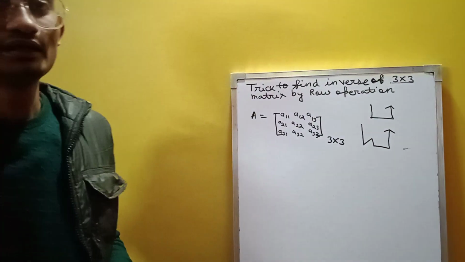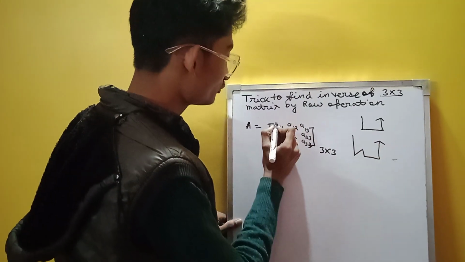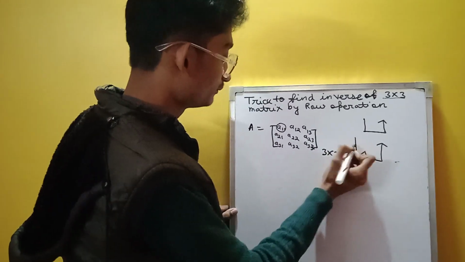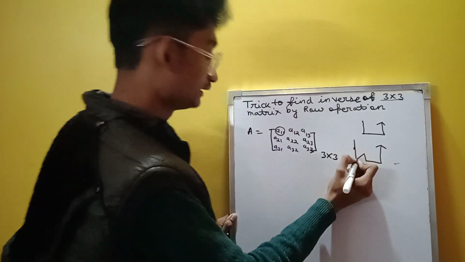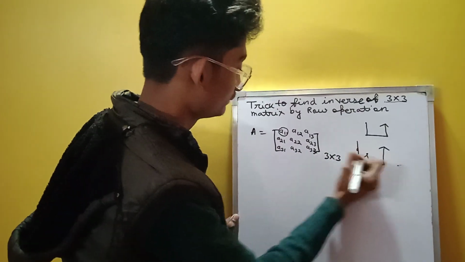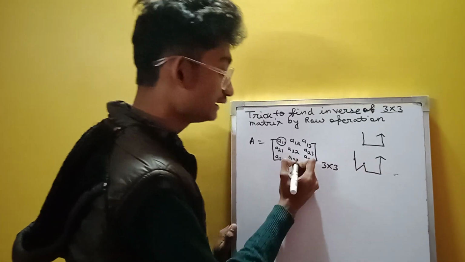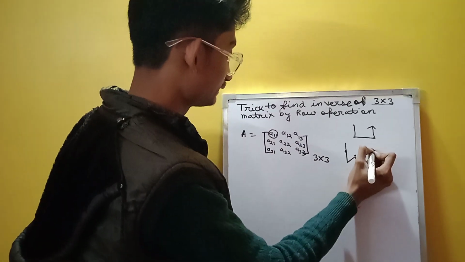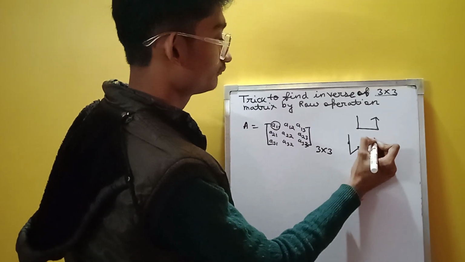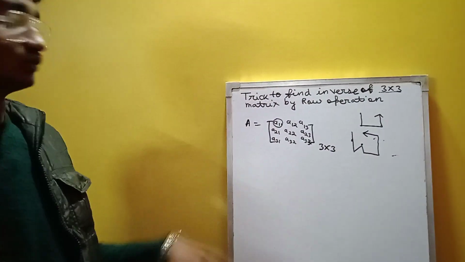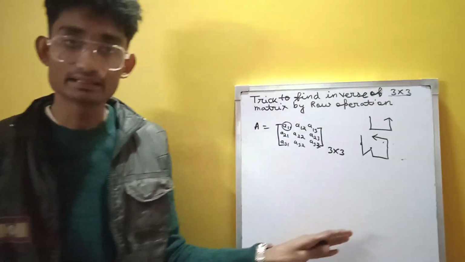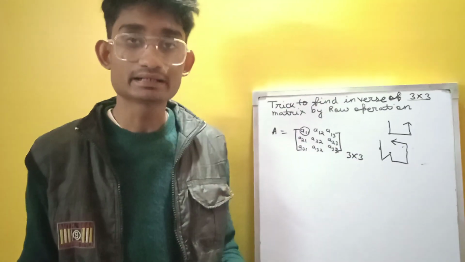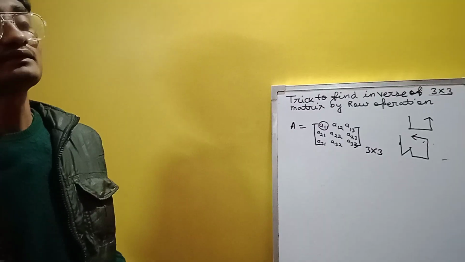You have to tackle first this element, that means A11, followed by A21, then A31, then the middle element A22, then A23, then A33, then A23, then A13, and so on going to the left side, A21. So this is the precedence or priority order you have to tackle to make it an identity matrix, to make the inverse of this 3 cross 3 matrix.